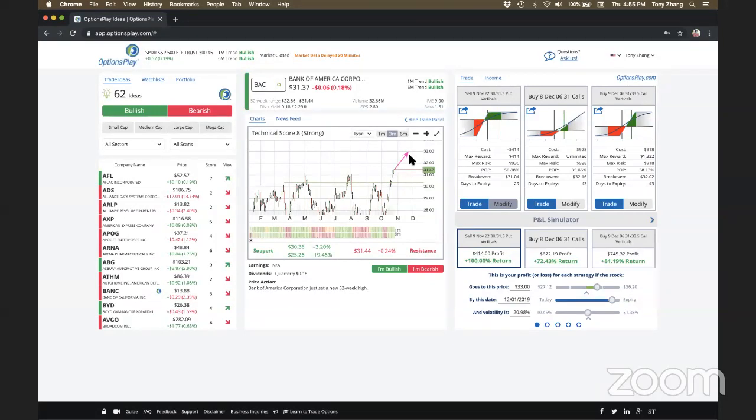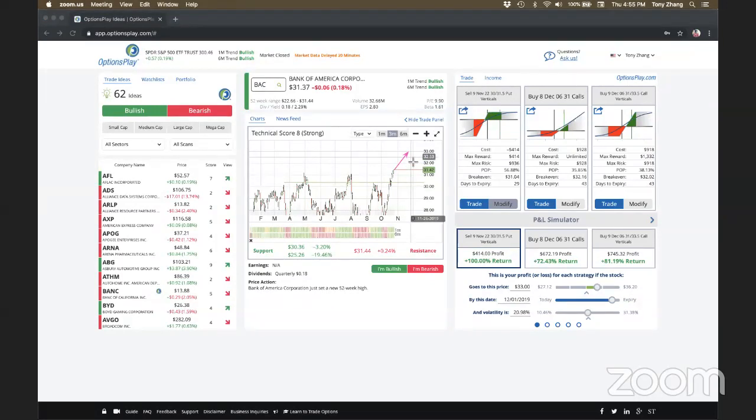Conversely, if my outlook on Bank of America was different, let's say I think this stock is going to just move sideways, maybe even pull back a little to that 31 level.